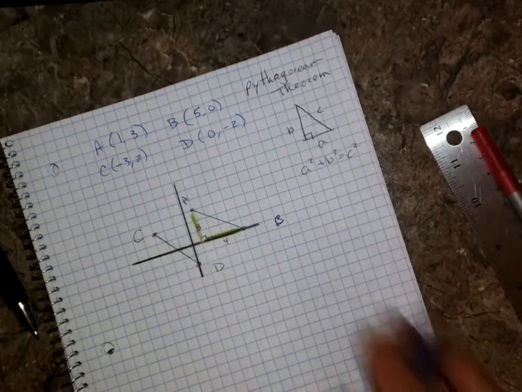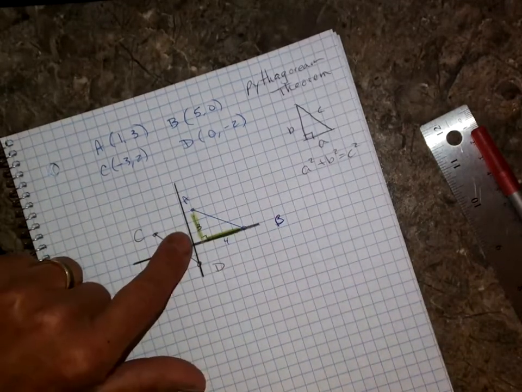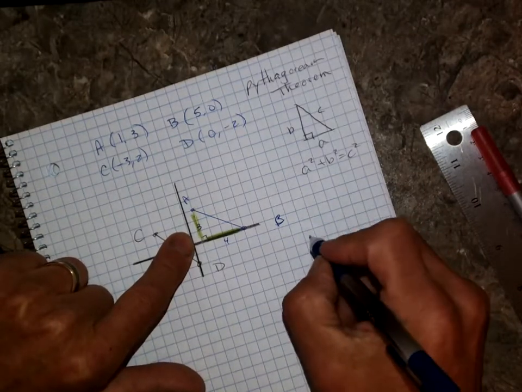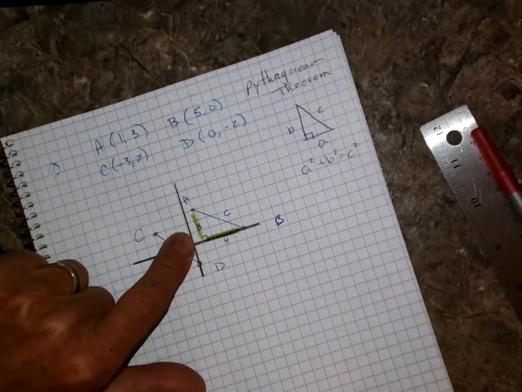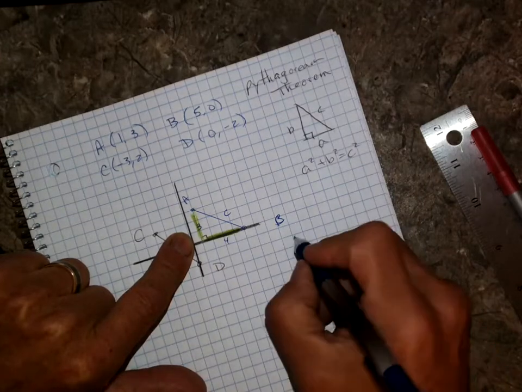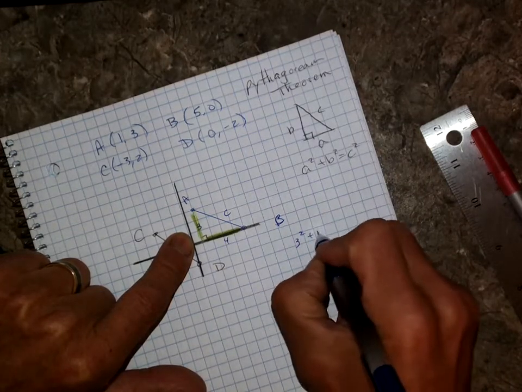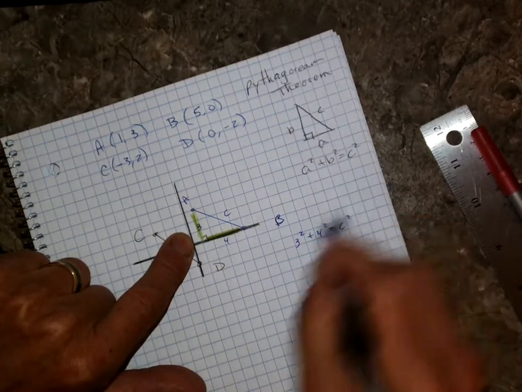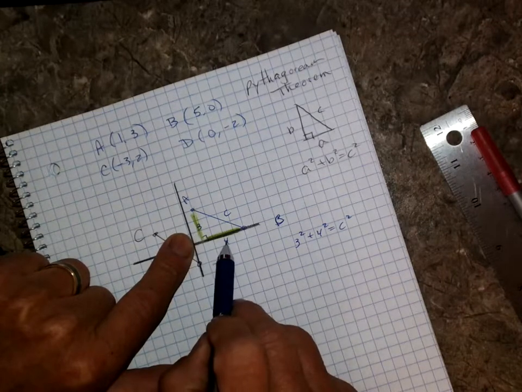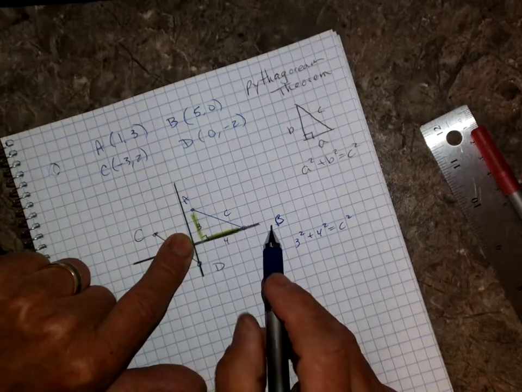And I want to know this side right here. So on triangle AB, let's use Pythagorean's theorem. We'll call this C, which would be the length of AB. Okay. 3 squared plus 4 squared equals C squared, right? 3 squared plus 4 squared equals C squared, which is the length of AB.